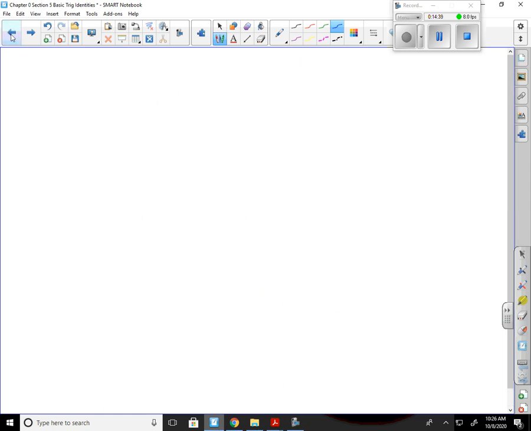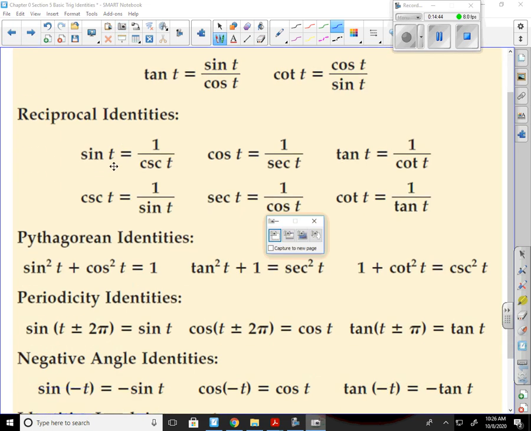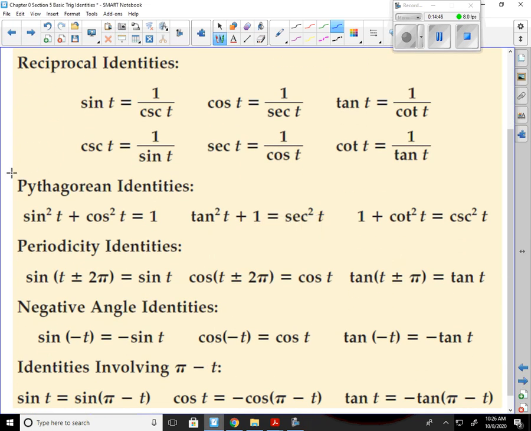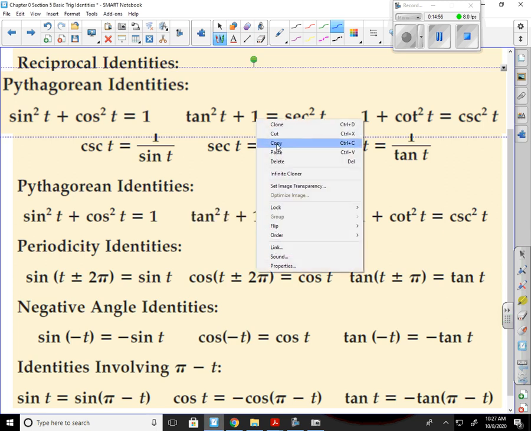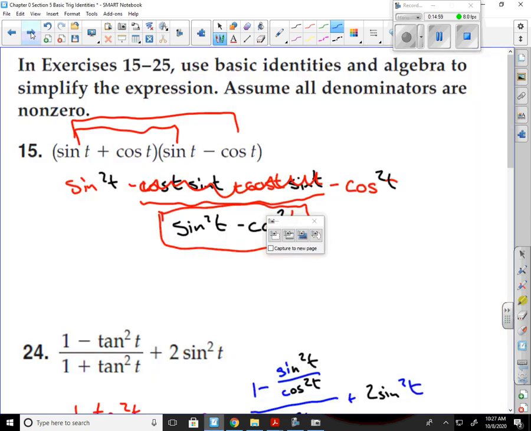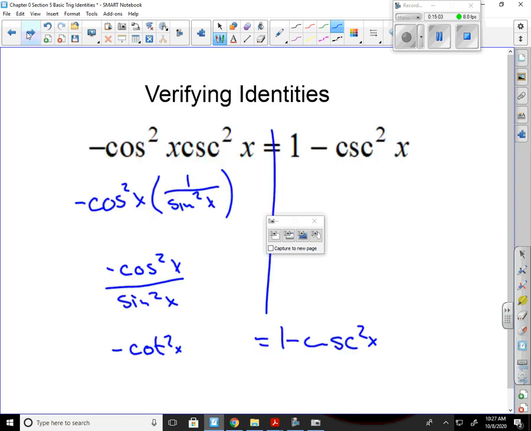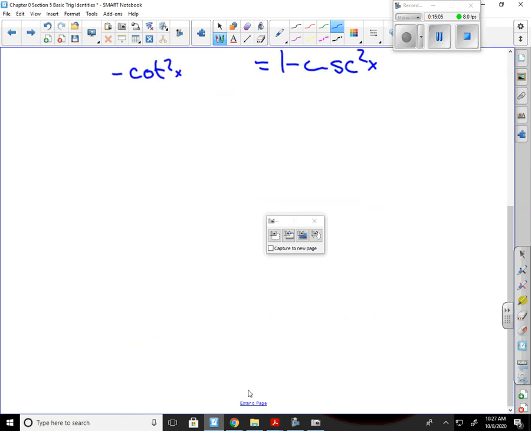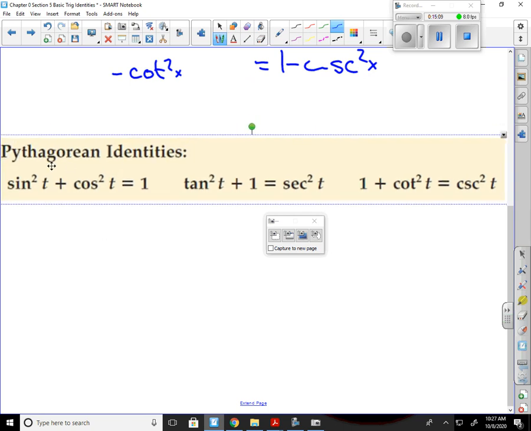Let me copy and paste those identities over to here so I can show you what I mean by expanded. When I look at these Pythagorean identities, each of these can be written three different ways.